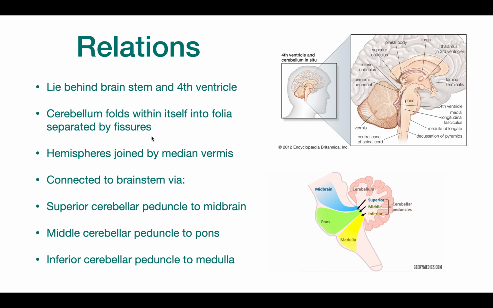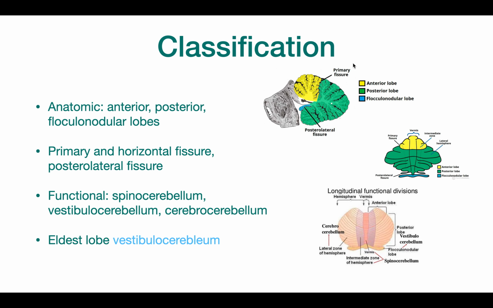These folia are separated by fissures, and the superior cerebellar peduncle is joined to the midbrain, the middle to the pons, and the inferior to the medulla. There's a bunch of fissures that aren't that important to know, but the important ones are the primary and the horizontal fissure, along with the posterolateral fissure.